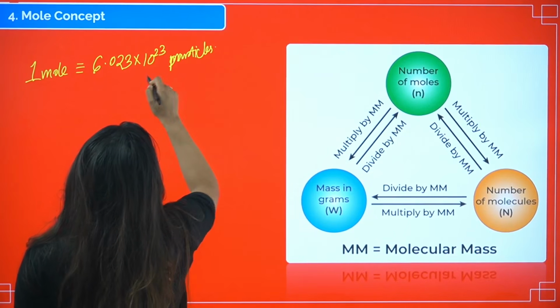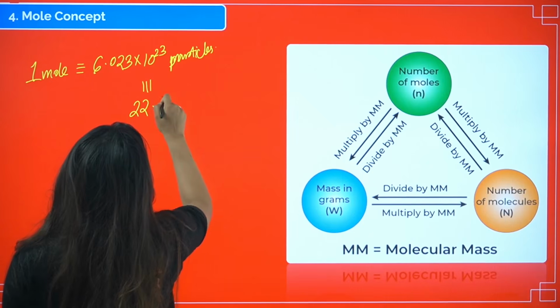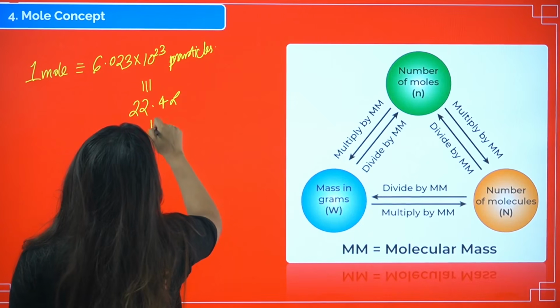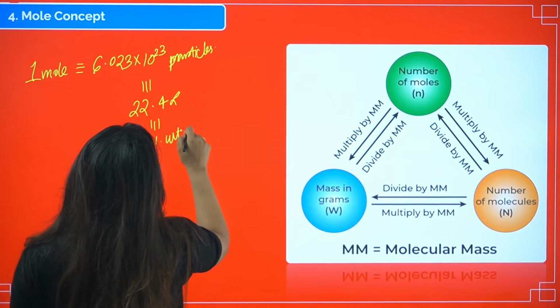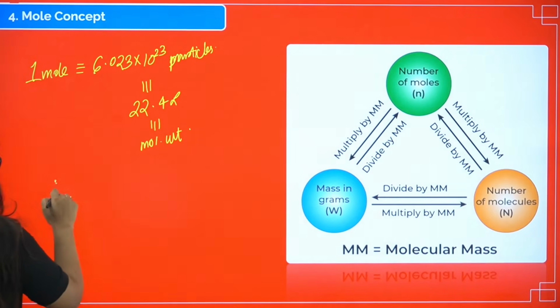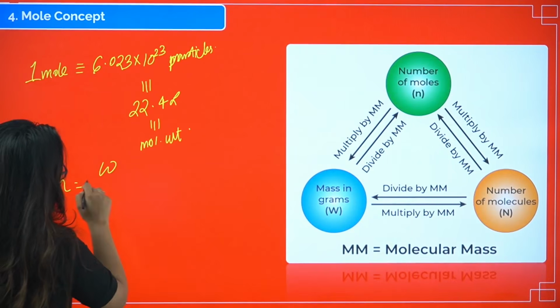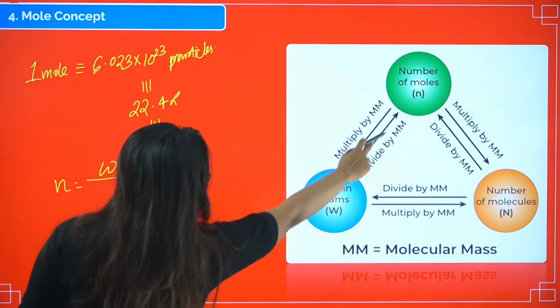That also indicates 22.4 liter volume, and it also indicates the molecular weight. Remember this. Now, how should I get the number of moles? That is the given mass in grams divided by the molecular mass.